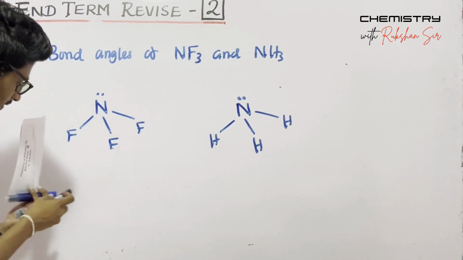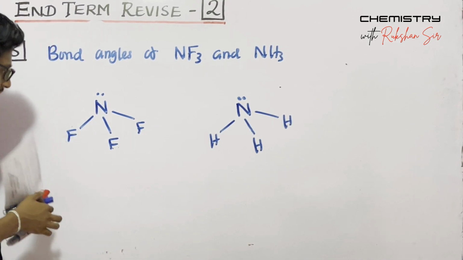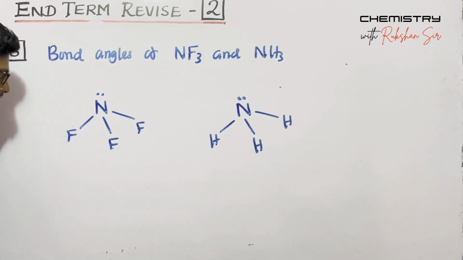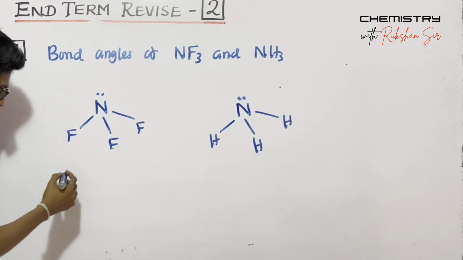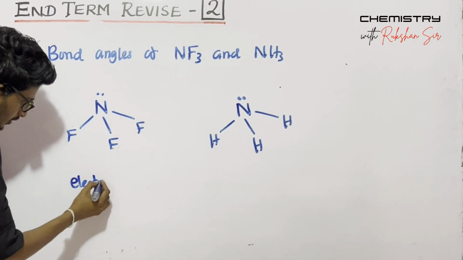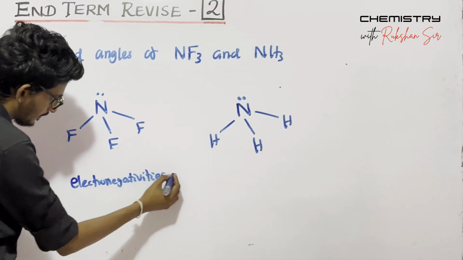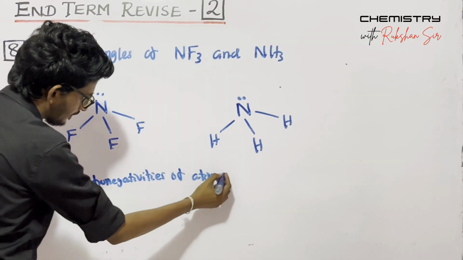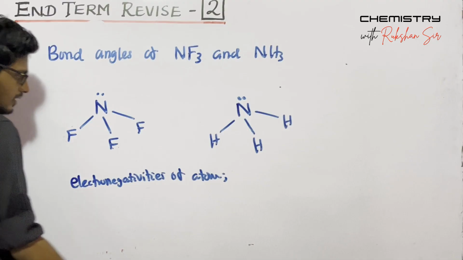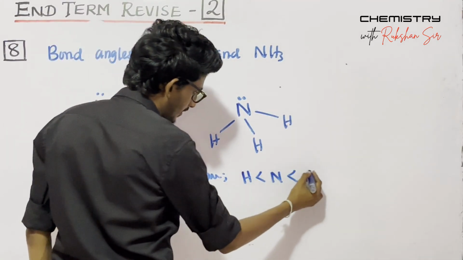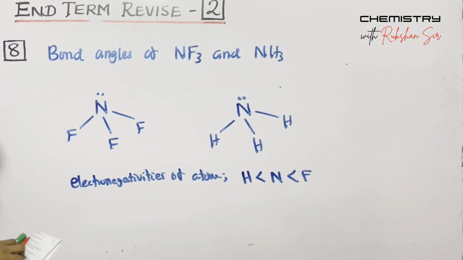So for this, what matters is the electronegativity. Electronegativities of atoms vary: hydrogen is with the smallest electronegativity, then nitrogen, and then fluorine with the greatest electronegativity out of these 3.